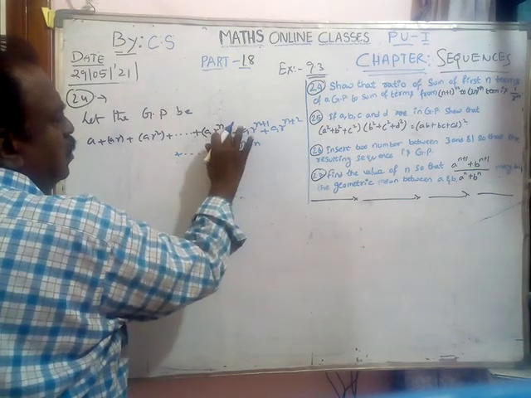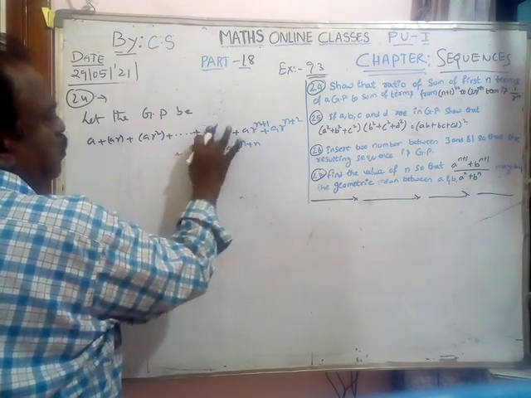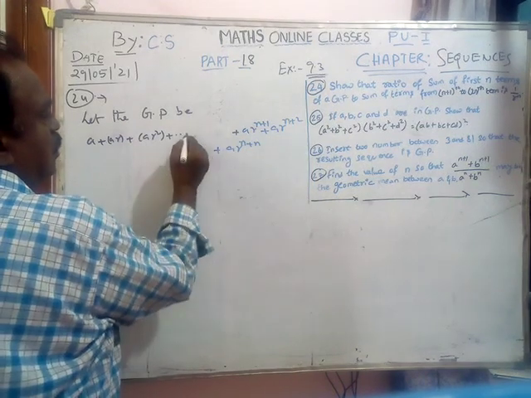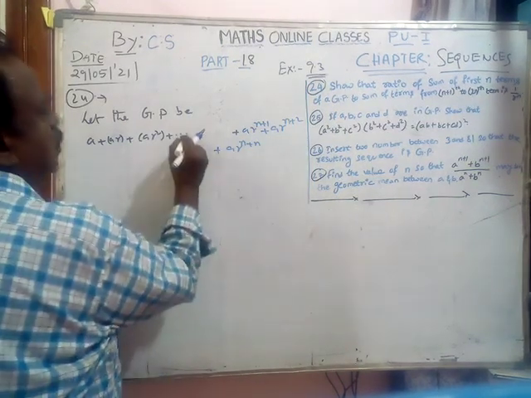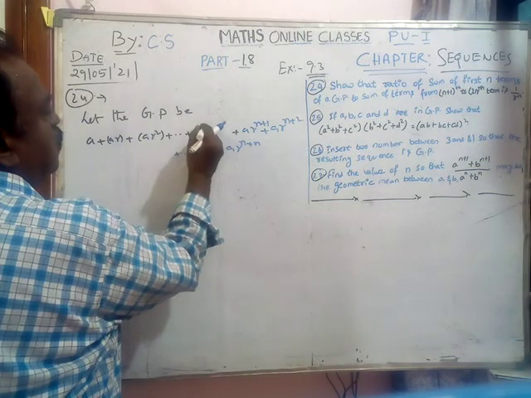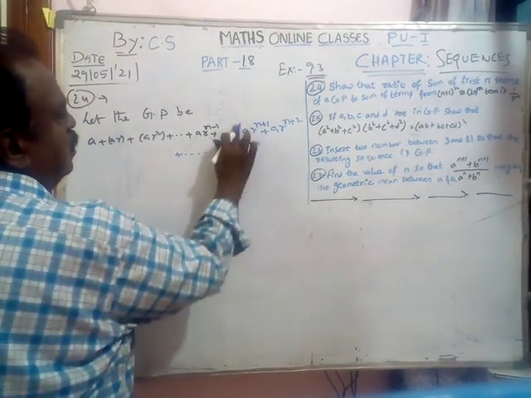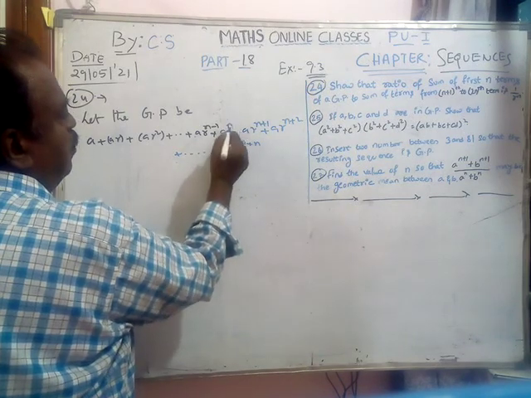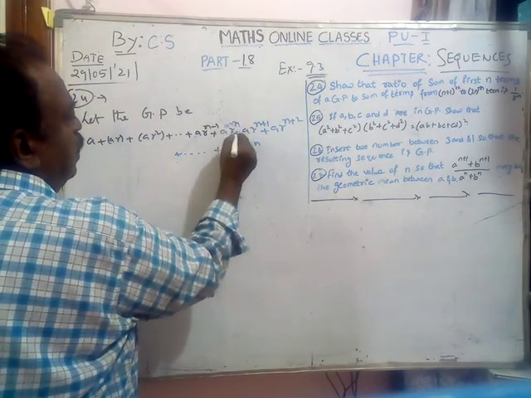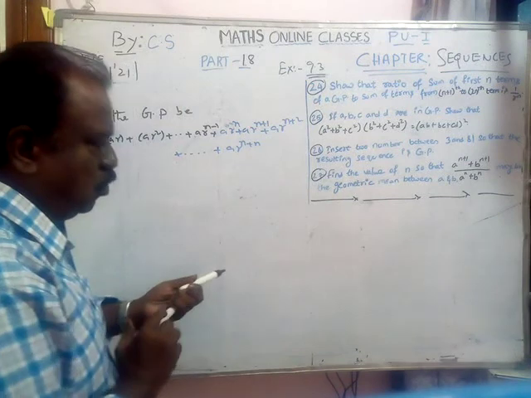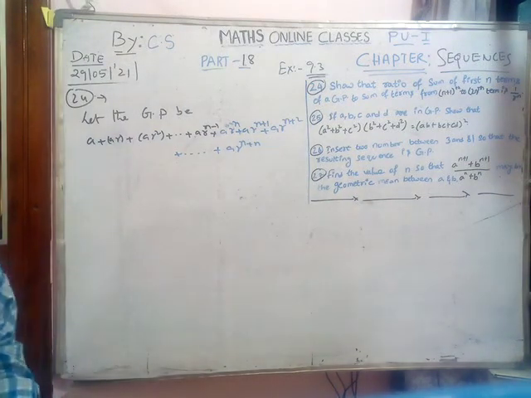Okay na? Before this one term is there. I will write it. It is ar power n minus 1 plus it is ar power n plus. There is no any confusion. Please observe.